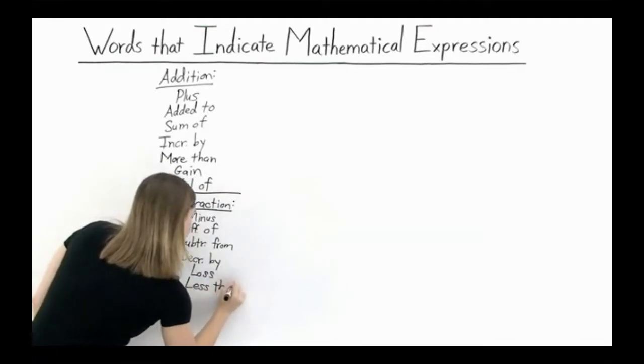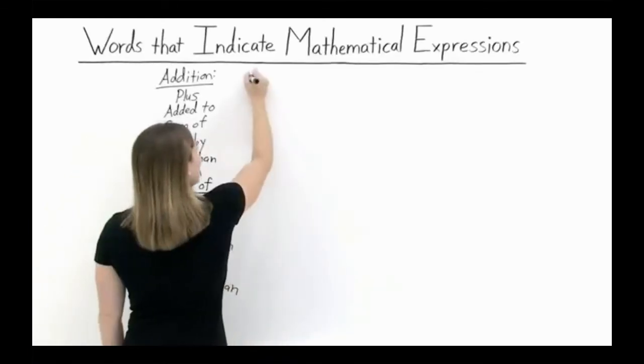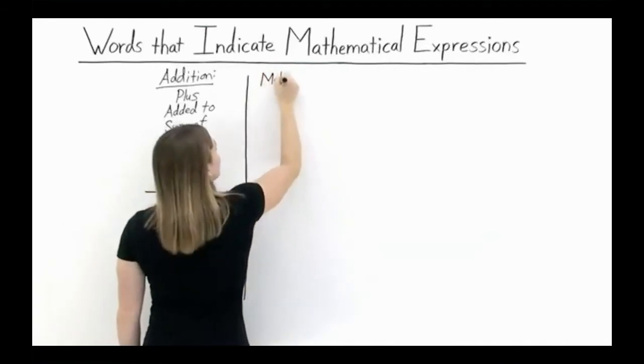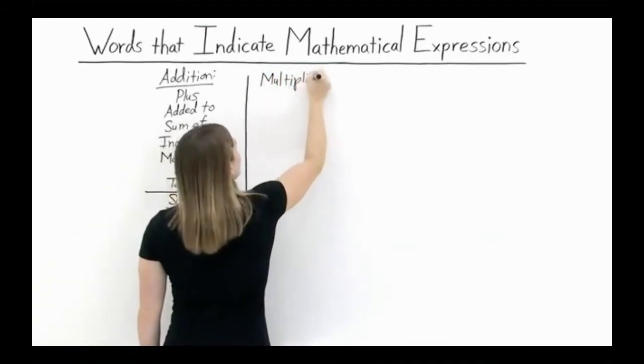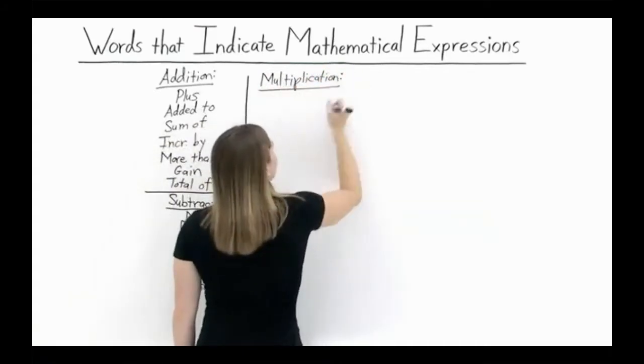If we see any of these words, it means that we're supposed to subtract. Next, let's look at some words that indicate multiplication or division. First, let's look at some words that mean multiplication. So, when we see these words, it means that we're supposed to multiply.